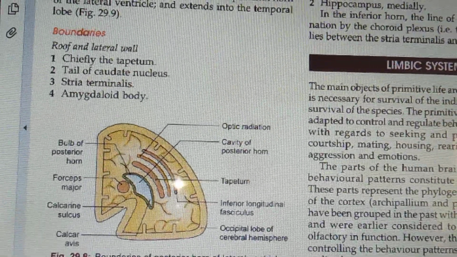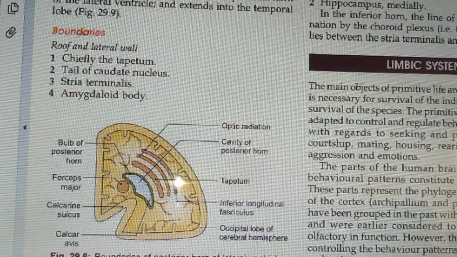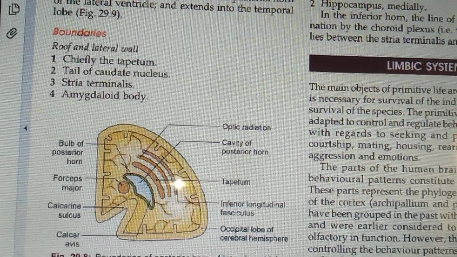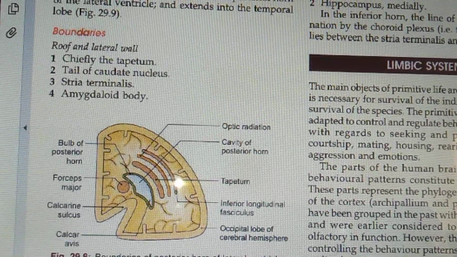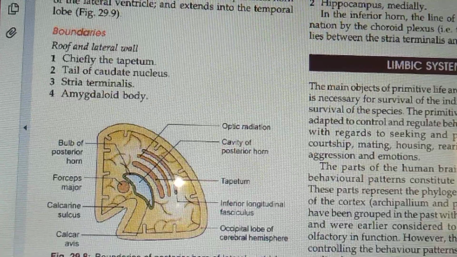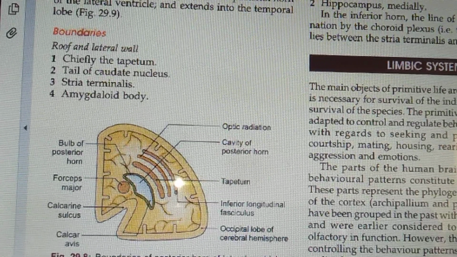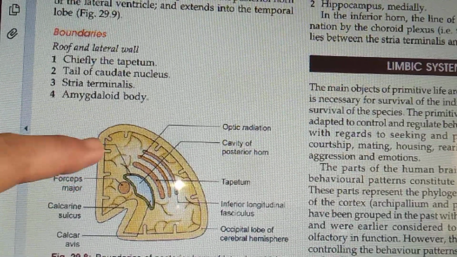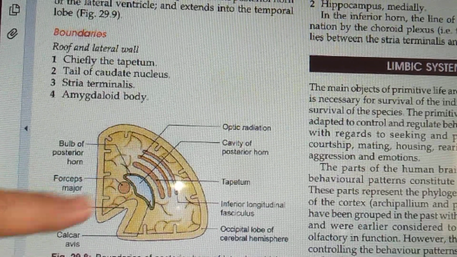The posterior horn is the part of the lateral ventricle which lies behind the splenium of the corpus callosum and extends into the occipital lobe. It is directed backwards and medially. Now the boundaries, the floor and the medial wall, are formed by the bulb of the posterior horn, raised by the forceps major, right?